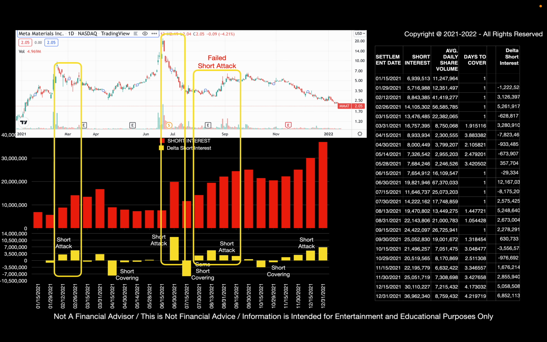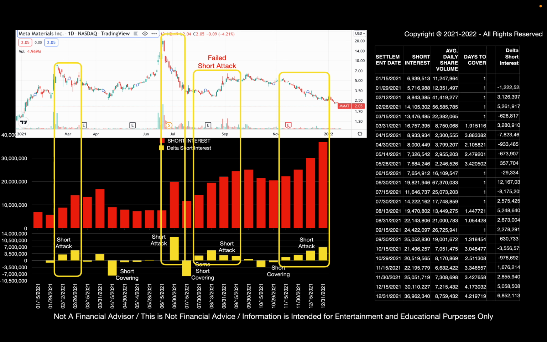The price went up. So that particular short attack did not work. Did not have its intended function. Retail wound up buying. These shorts tried to drop the price and just gave retail some nice shares at a discount. So that was pretty good.